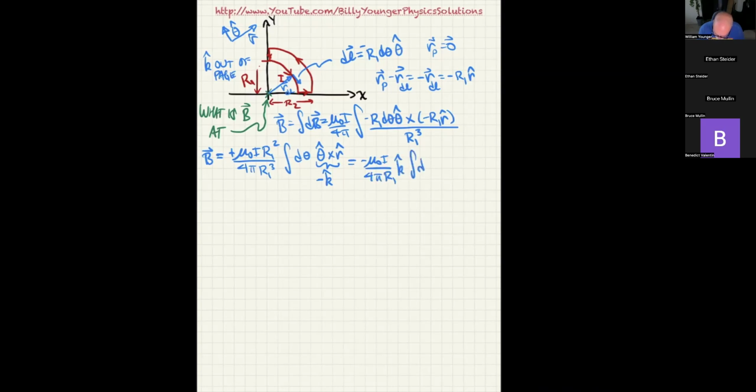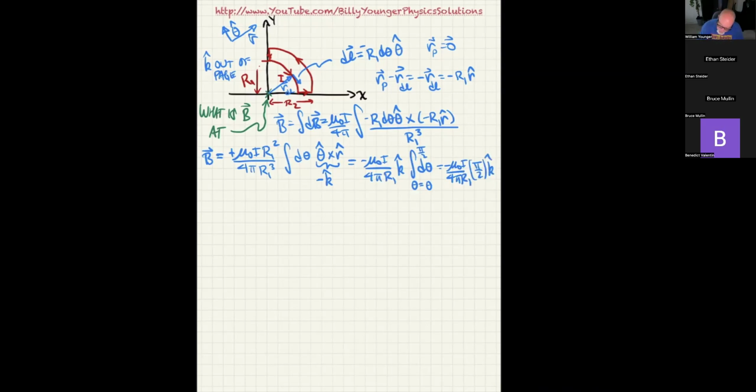And then I just got to integrate d theta from theta equals 0 to pi over 2. Okay. So this is going to be equal to negative mu 0 I over 4 pi R1 times, now we're going to get pi over 2 times k hat.